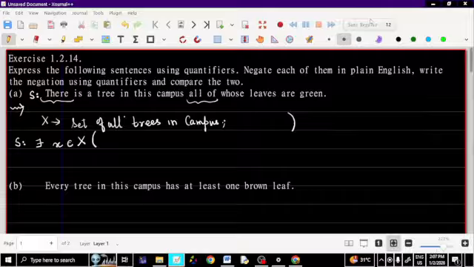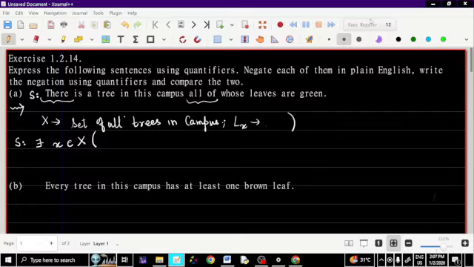So I need another set of context, the set of all leaves of it, which I will name Lx. So this is the set of all leaves of the tree x.